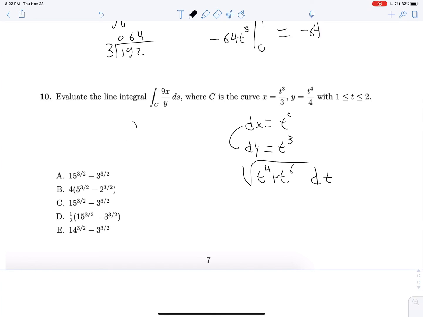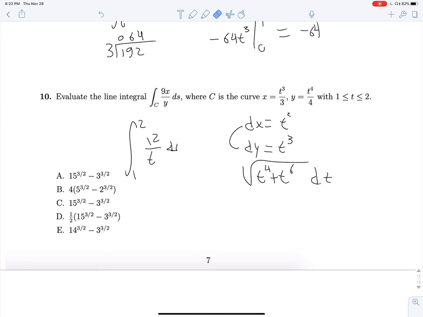We are integrating from 1 to 2 of 9x, so 3t cubed over y, which is going to be t to the fourth over 4. We can rearrange this, and we will get 12 over t ds.